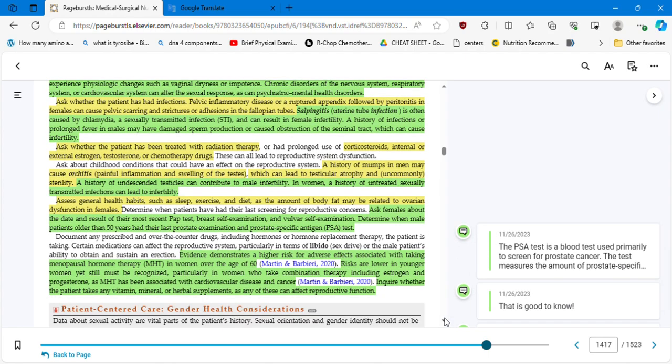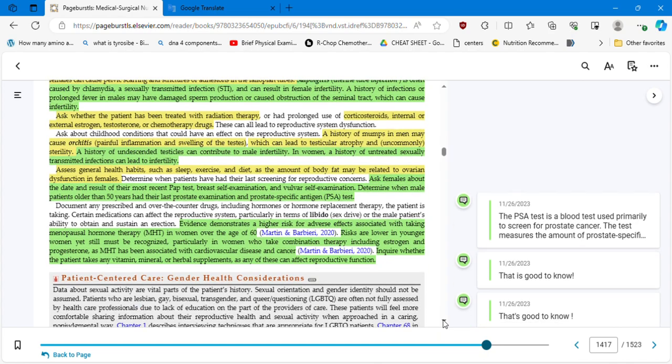Evidence demonstrates a higher risk for adverse effects associated with taking menopausal hormone therapy in women over the age of 60. Risks are lower in younger women, yet still must be recognized, particularly in women who take combination therapy, including estrogen and progesterone, as MHT has been associated with cardiovascular disease and cancer.